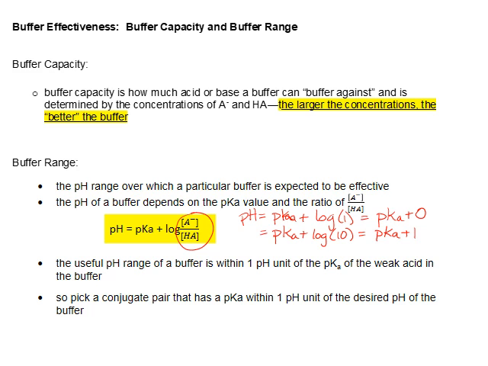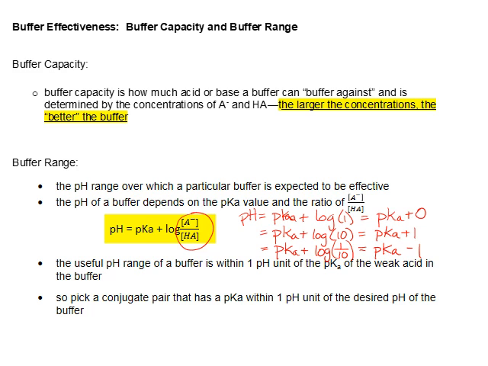On the other hand, if there is 10 times as much HA as A-, then the pH will be 1 unit less than the pKa because the log of 1 over 10 is negative 1. We don't really want the concentrations of the two species to be more different from each other than a factor of 10 or so.